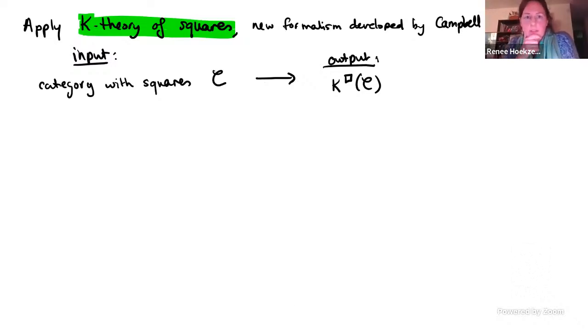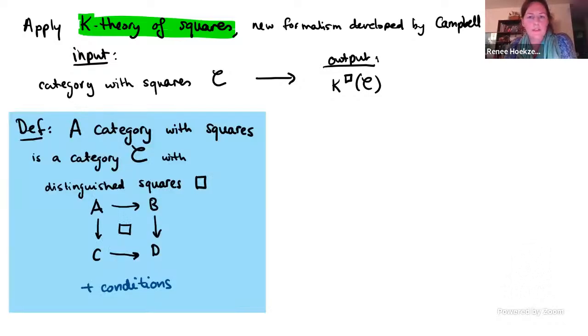So what we applied was what's called K-theory of squares, which is a new formalism developed by Campbell and Zakharevich, which is really a formalism that generalizes Waldhausen K-theory. So you can recover Waldhausen K-theory, but in principle you can do more general stuff. So the input is something called a category with squares, C, and the output is K squares, which is an infinite loop space.